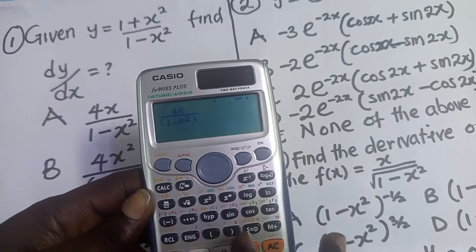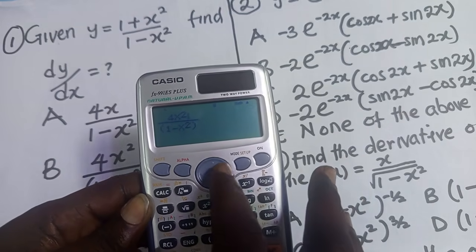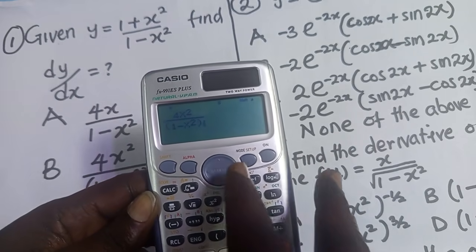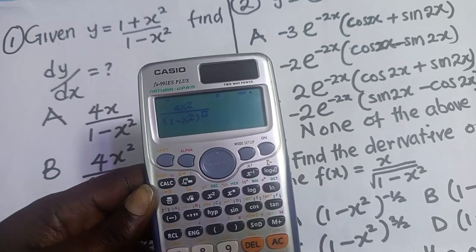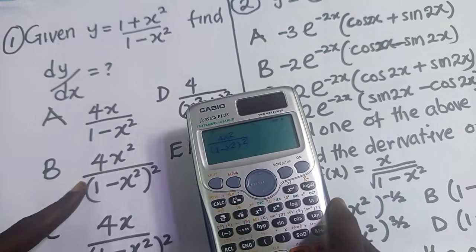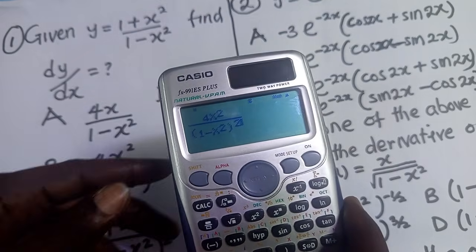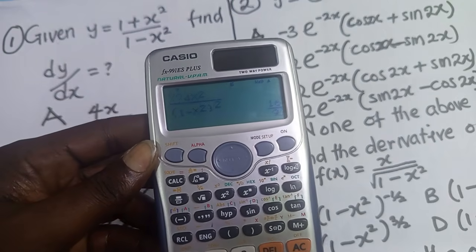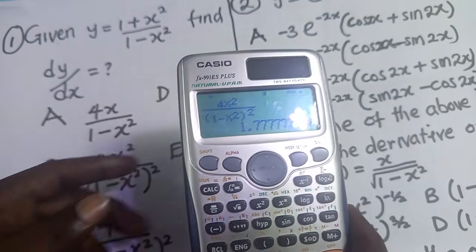Come to the numerator and put a square there, then come to the bracket and put a power of 2. That is option B now. Now calc of 2. The 2 is already there. So this one is not the answer.